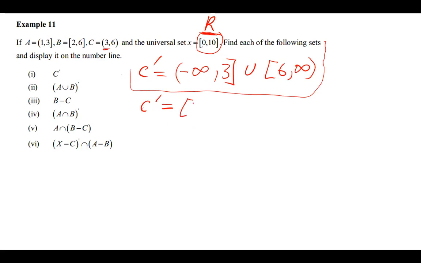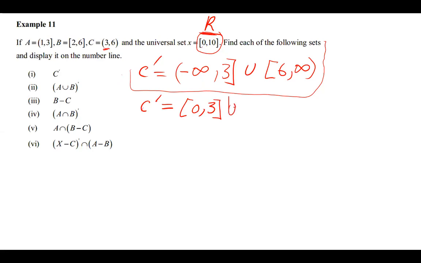From 0, and the bracket there is closed at 0. So it starts from 0, then a comma, and it will end where? At 3. And 3 is not part of C, meaning it's going to be part of the complement. So we write 3 there, and then we close.